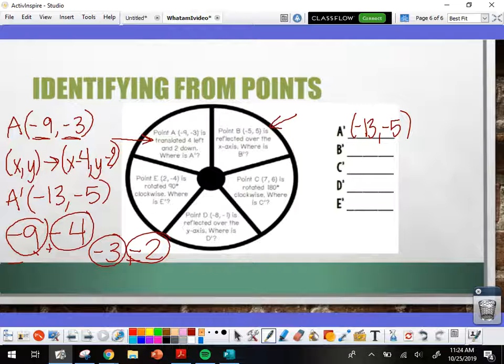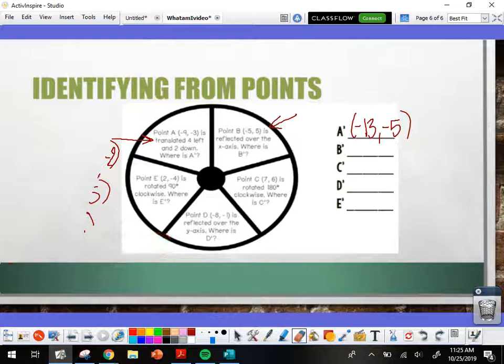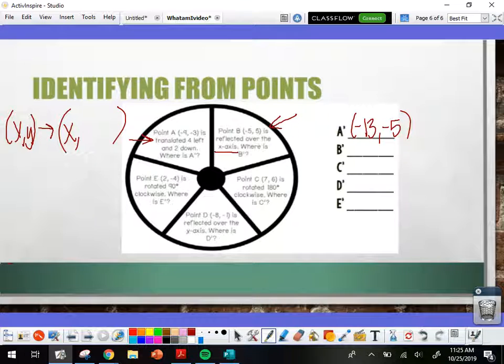Where is point B prime? For this one, again, the first thing I have to think about is what is my rule for this? So it's being reflected over the x-axis. So (x, y) arrow becomes, when it's reflected over the x-axis, the x stays the same and the y becomes the opposite.